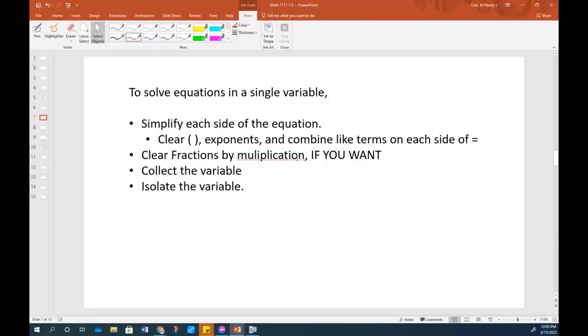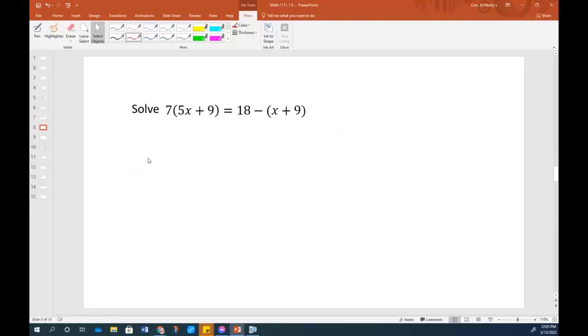Then you can clear fractions by multiplication if you want. I think my next slide is an example where I can do that for you. It's not required. Then collect the variable and then isolate the variable. Those are the steps that we've gone through: simplify, collect the variable, and isolate the variable. Whether or not you choose to clear fractions is up to you.